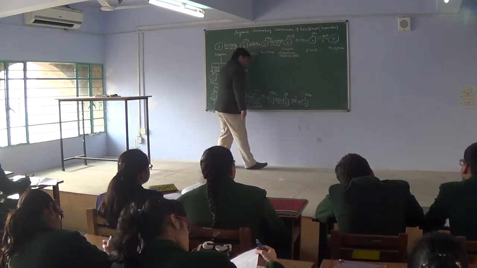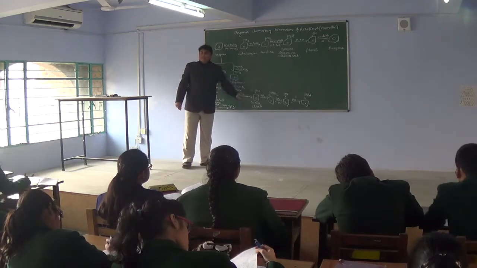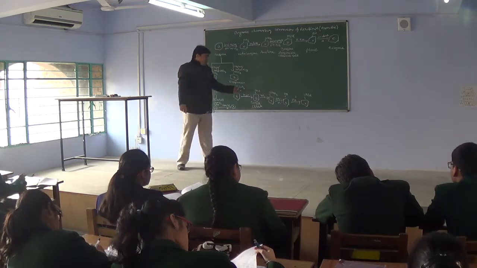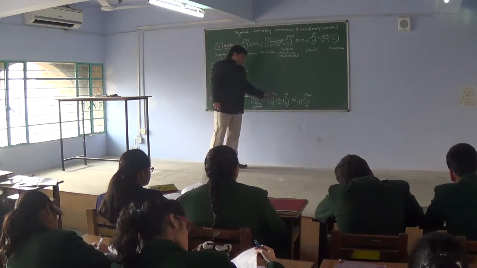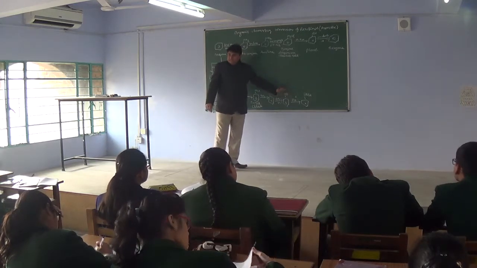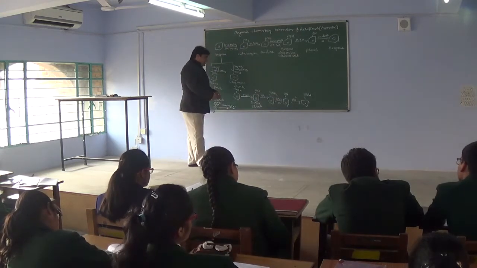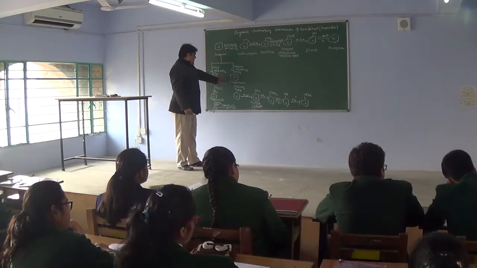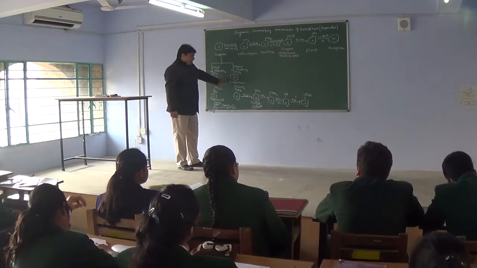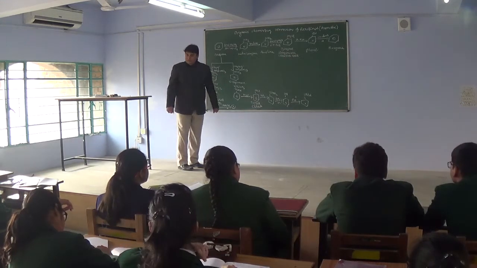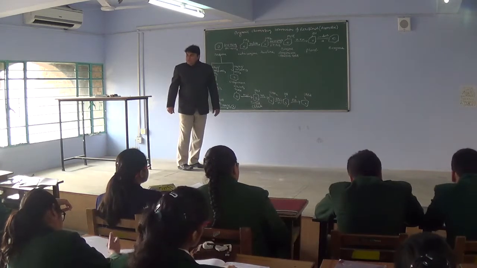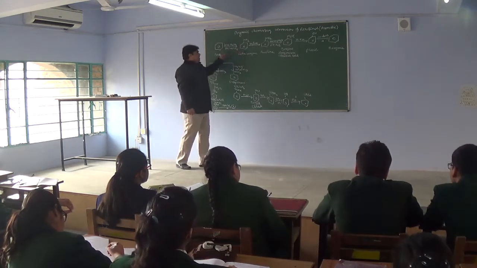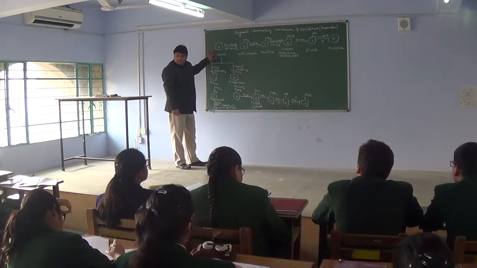So let us find the utility of this further extension. Actually, we have taken all these functional groups into consideration. If the example gives you, how will you convert nitrobenzene into benzamide? Nitrobenzene you can convert into benzene, right?